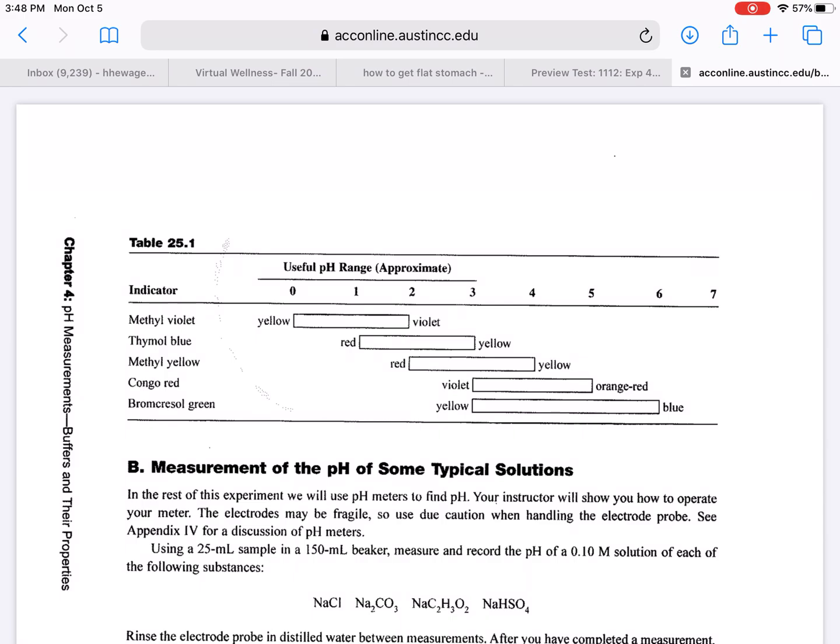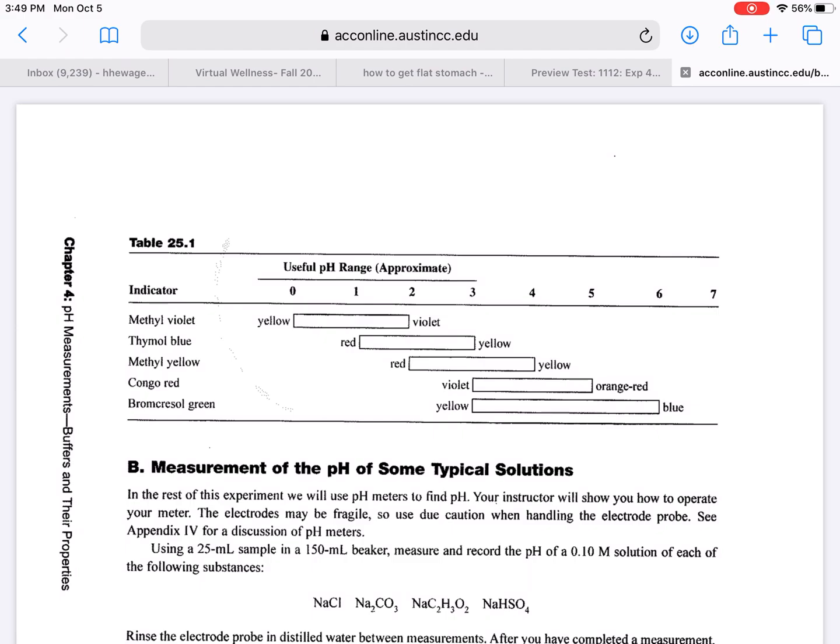But if the methyl violet gives you a violet color, then you know the pH is not 0, it's going to be 2. Similarly, thymol blue would be red in color if the pH of the solution is 1, whereas thymol blue will give you a yellow color if the pH is 3. So that's how you use this table to find out the pH.